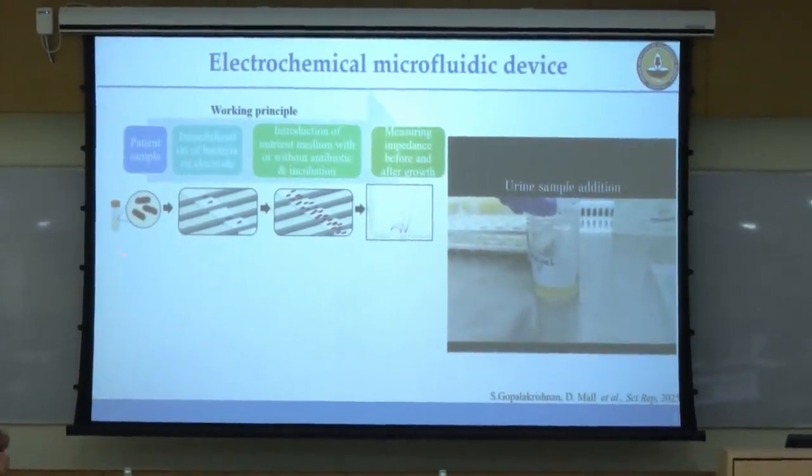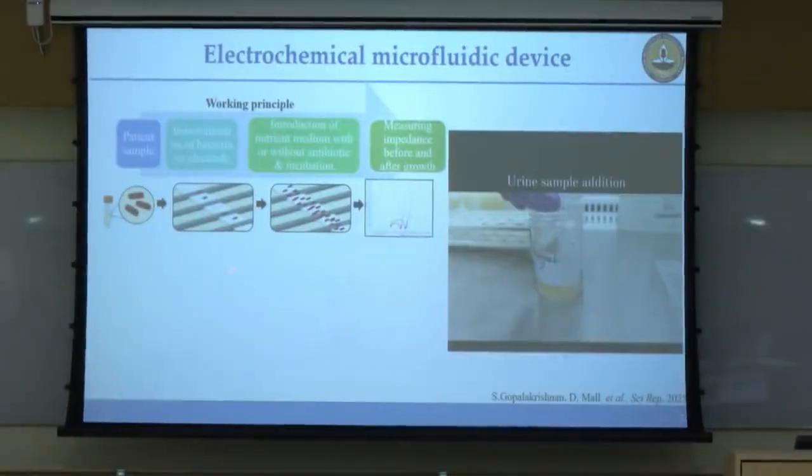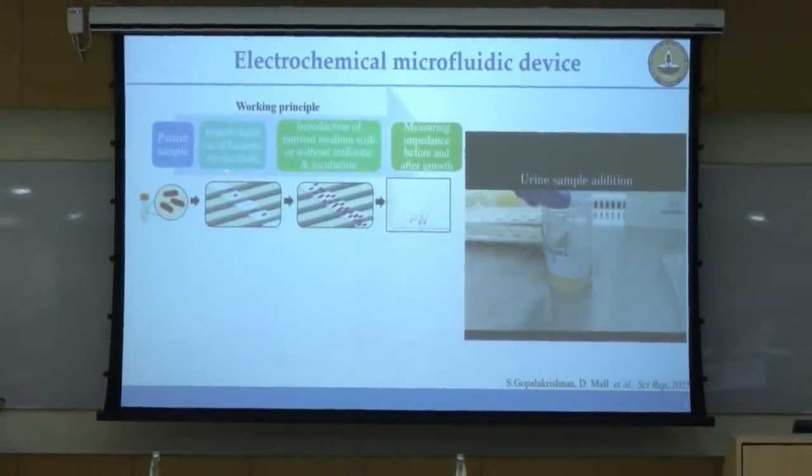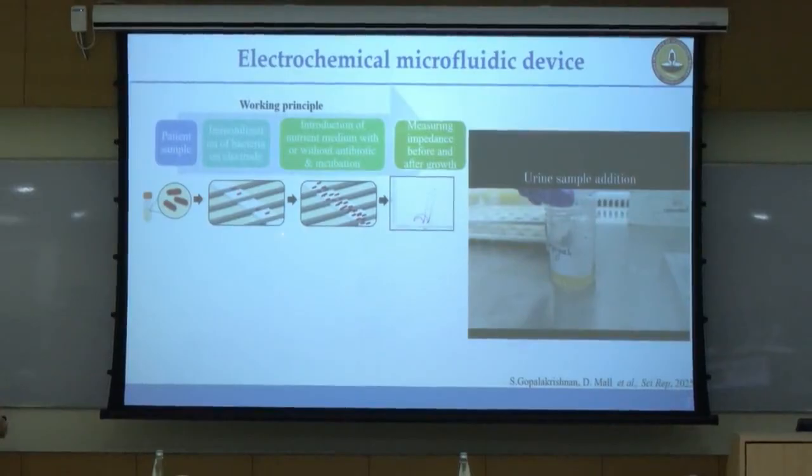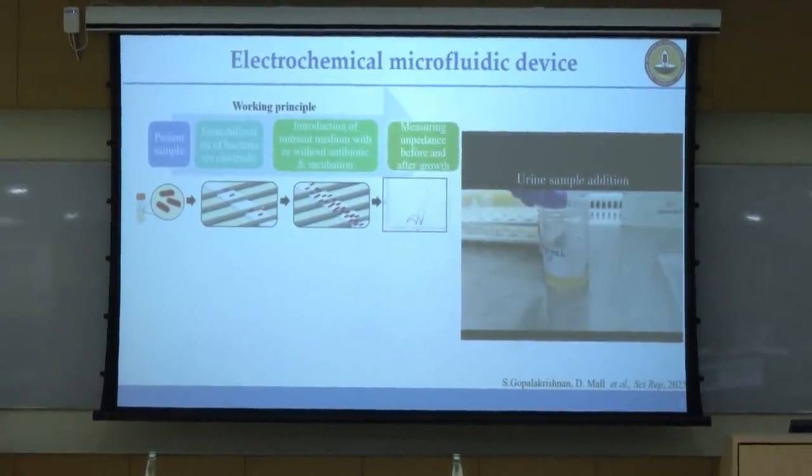So the workflow is this: this is the screen printed electrode, on top of it is the microfluidic device, and then we introduce the urine sample, or the sample matrix. If bacteria are present, they adhere to the substrate. Then, using electrochemical measurement between the counter and the working electrode, we apply a potential and measure the resistance.